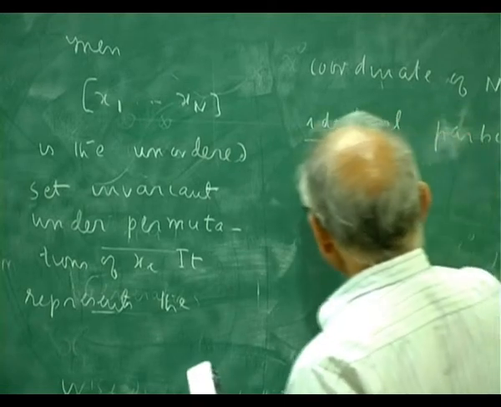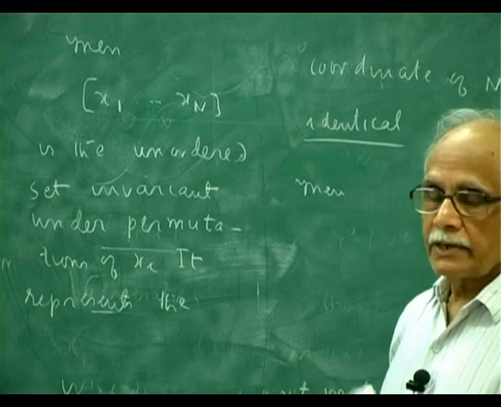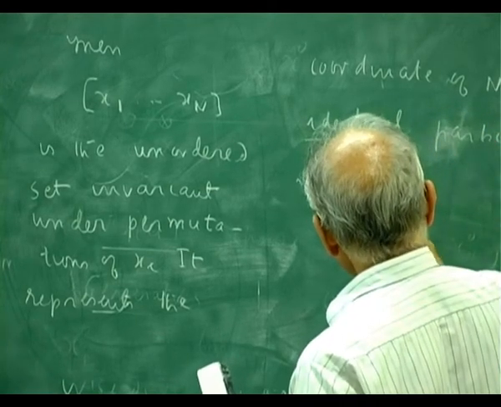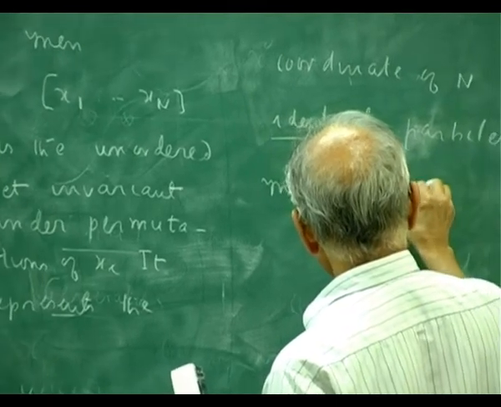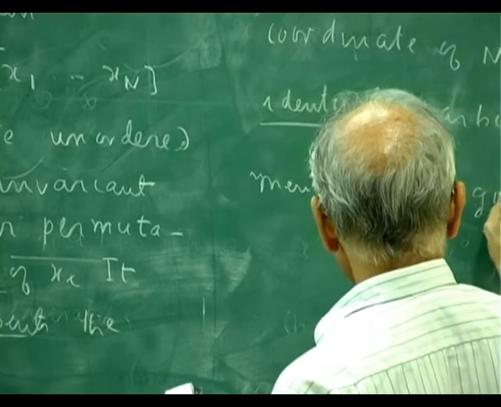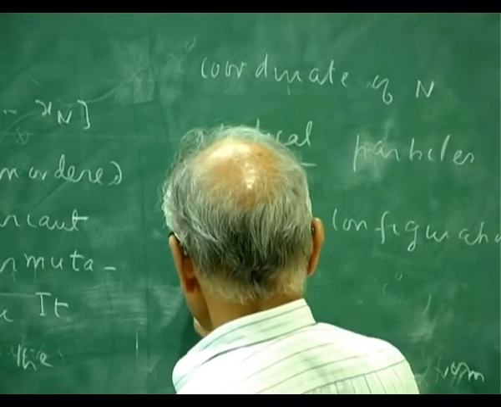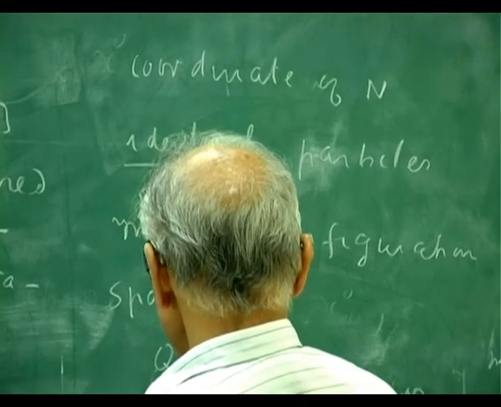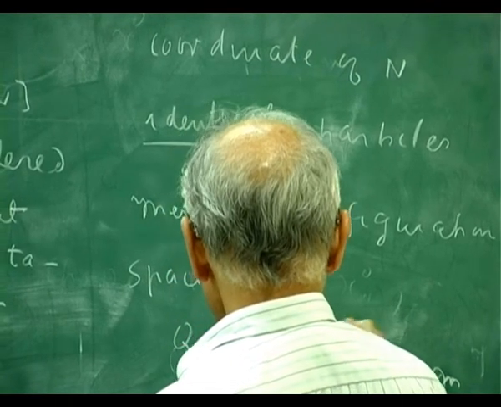Then the configurations, the configuration space is Qn, which is the set of all x1 up to xn.